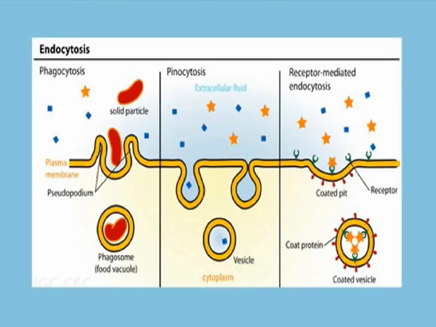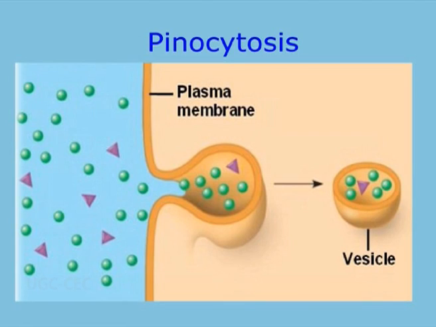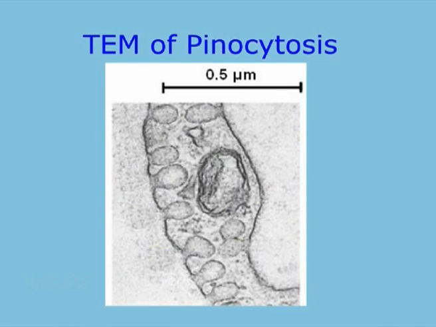Similarly, a small region of the plasma membrane invaginates to form a membrane-limited vesicle about 0.05 to 0.1 micrometer in diameter. In one form of endocytosis called pinocytosis, small droplets of extracellular fluid and any material dissolved in it are non-specifically taken up by the cell.